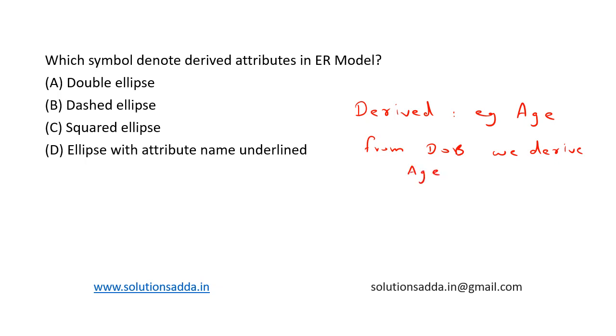The symbol in the ER model to denote a derived attribute is a dashed ellipse. This is how we denote a derived attribute. Example would be age. So based on the options, option B, dashed ellipse, is the correct answer.